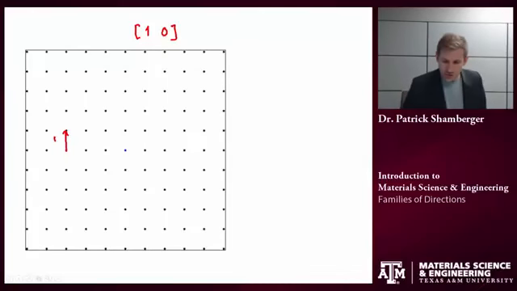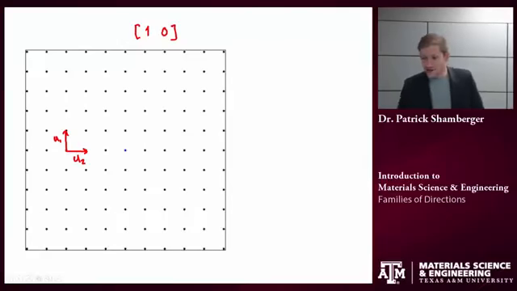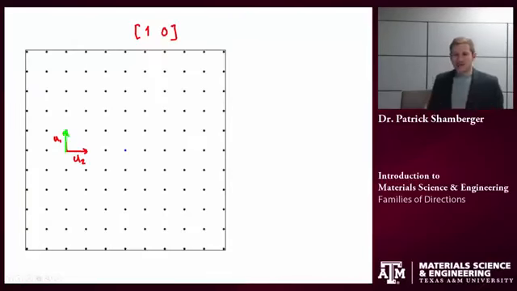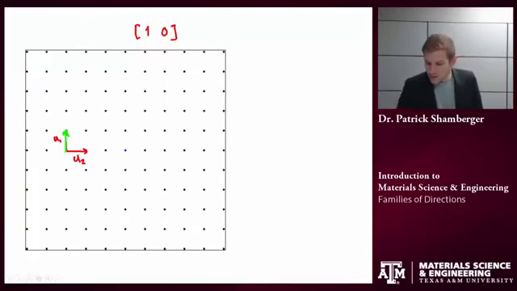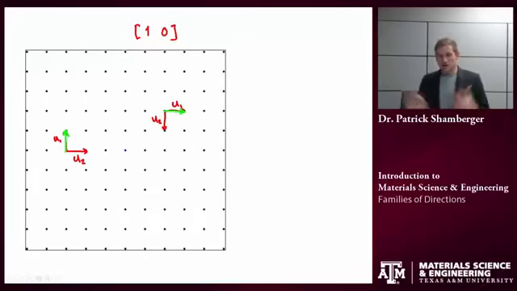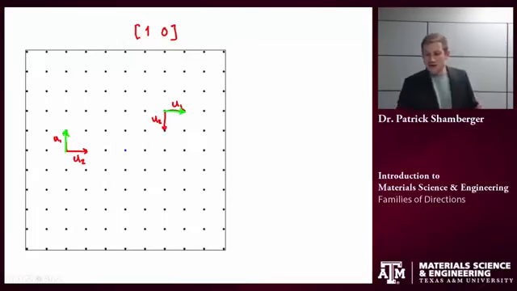Maybe you would choose u1 and u2, and given that coordinate system, you would draw the 1, 0 direction, it's this direction. Now, if I ask somebody else to do the same thing, maybe they would define it this way. In that case, the 1, 0 direction is that direction. So until we identify a coordinate system, the two principal lattice vectors in this case, we can't say which way the 1, 0 direction is.